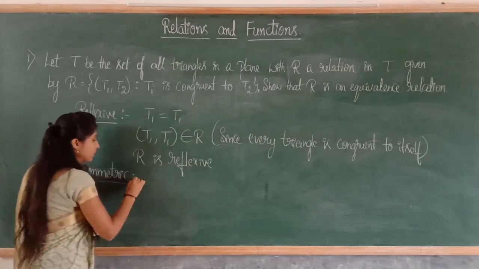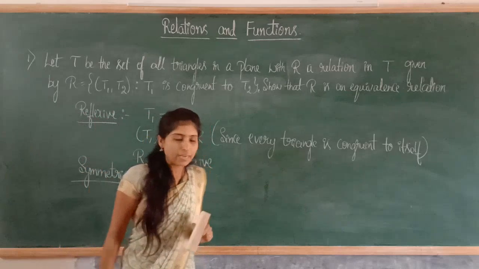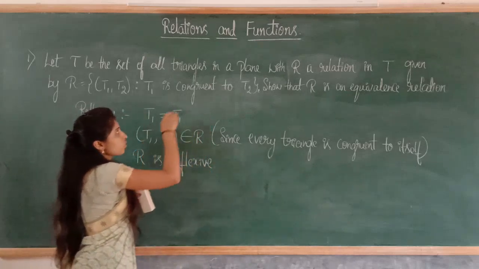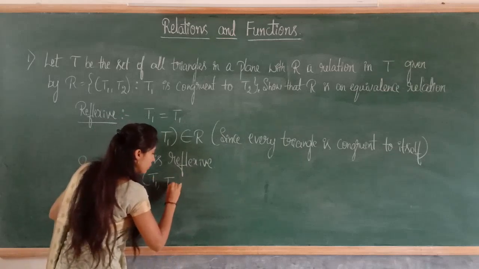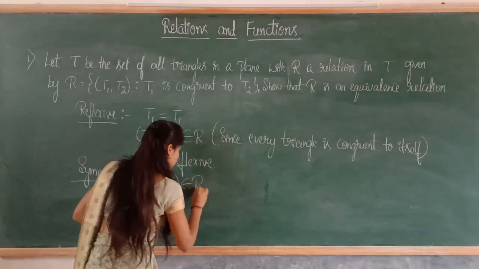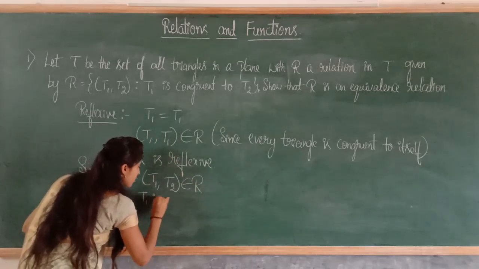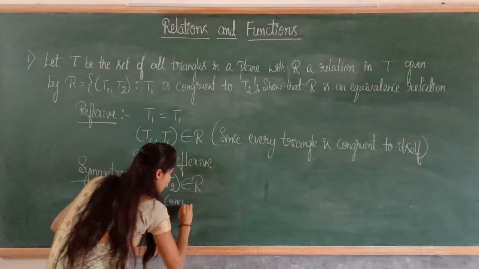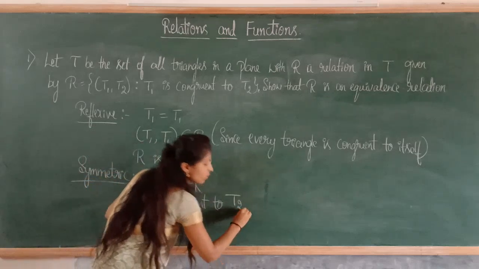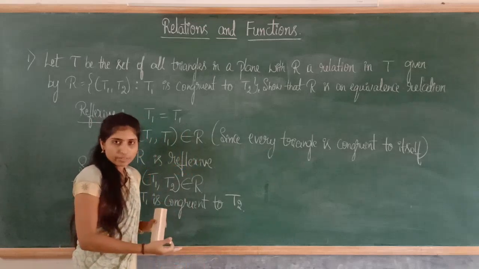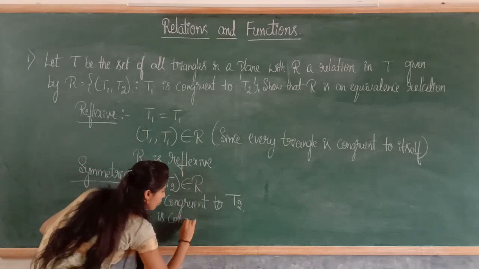The next one, symmetry. In symmetry, the condition is that if (A, B) belongs to R, then (B, A) must also belong to R. In the same way, if (T1, T2) belongs to R, that is T1 is congruent to T2, then T2 is also congruent to T1, right?